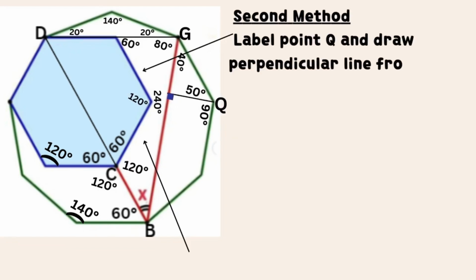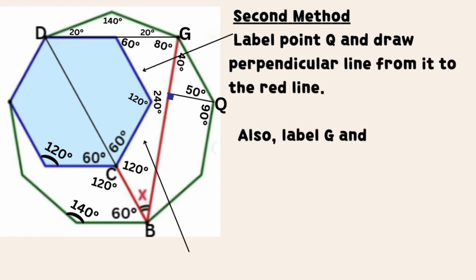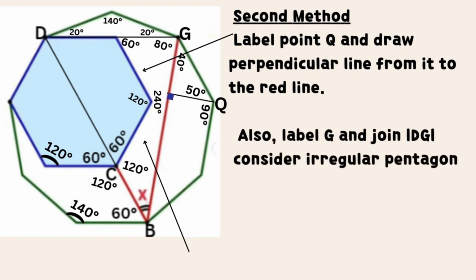Second method. Label point Q and draw a perpendicular line from it to the red line. Also, label G and join line DG. Consider irregular pentagon. Its boundary or region is indicated by two arrows.